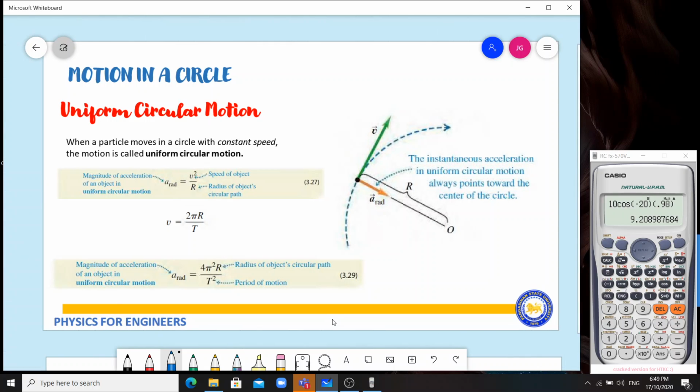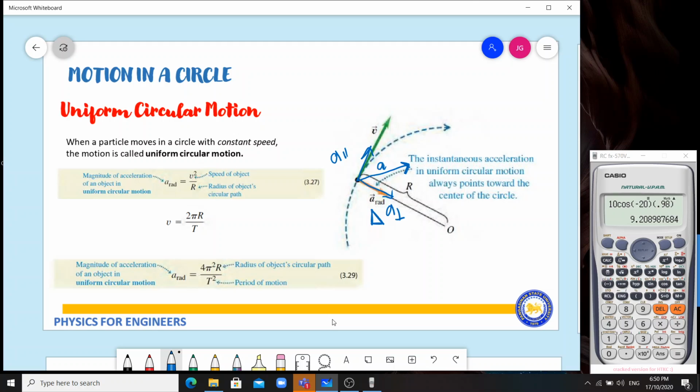Meron tayong dalawa actually, uniform circular motion saka non-uniform circular motion. So, uniform circular motion, when a particle moves in a circle with constant speed, the motion is called uniform circular motion. So, kapag constant speed tayo, ibig sabihin, di ba kanina nabanggit ko ang acceleration natin nandito banda. Now, meron tayong tinatawag na parallel acceleration at saka perpendicular acceleration.